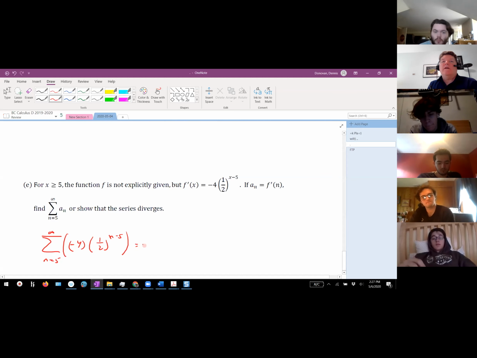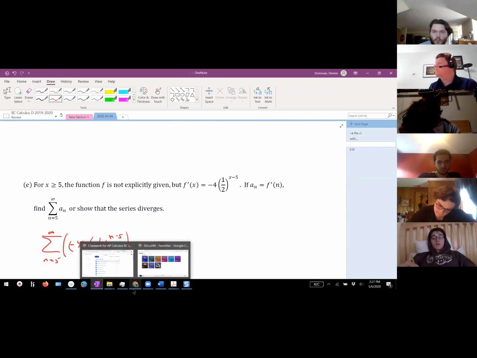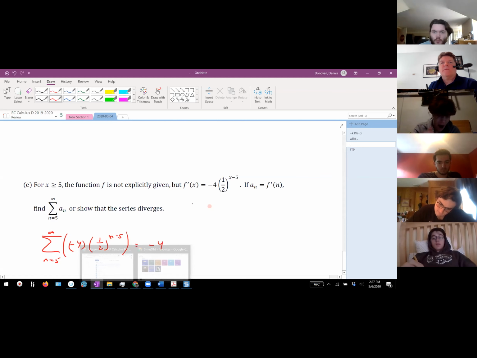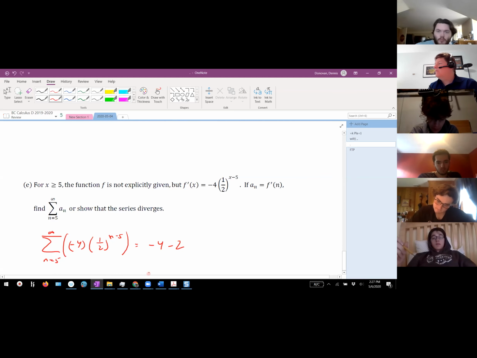So if n equals 5, what's my exponent? 0. So that's 1/2 to 0, which is 1. So it's -4 times 1, -4. When n equals 6, the exponent is 1. -4 times 1/2 is -2.